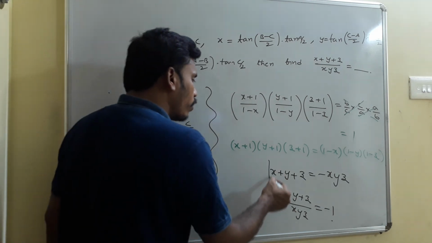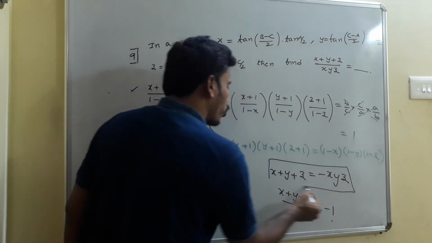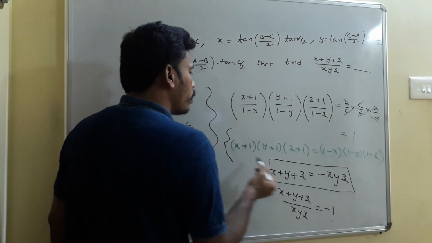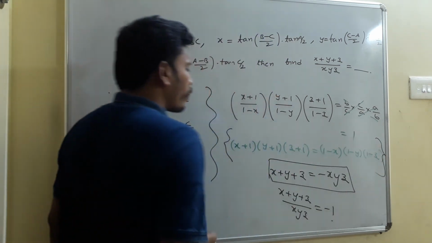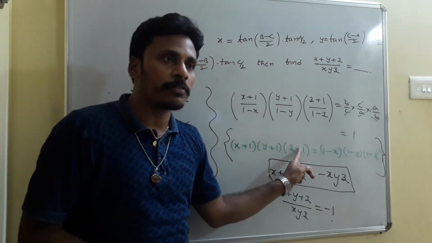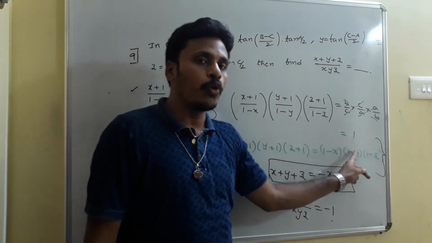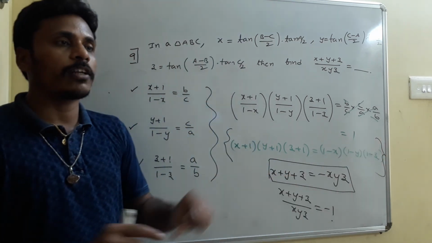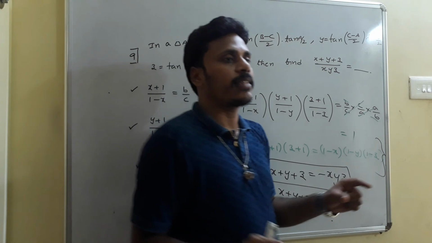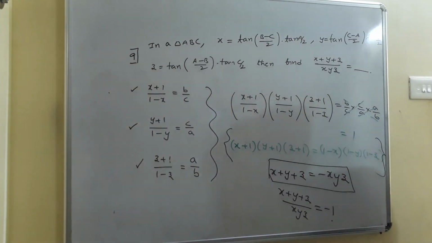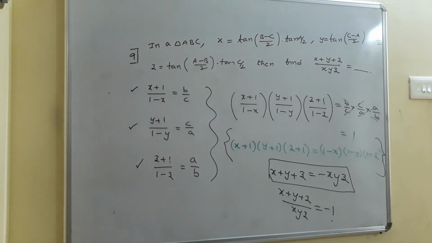To arrive at x plus y plus z equals minus xyz, you need to simplify this part: multiply the three terms on the left side and the three terms on the right side, then equalize them, and corresponding terms get cancelled on both sides. After that you get (x plus y plus z) by xyz equal to minus 1. Just have a look.